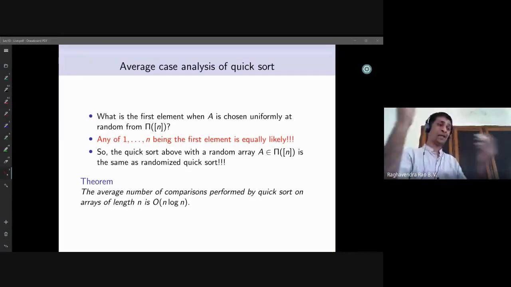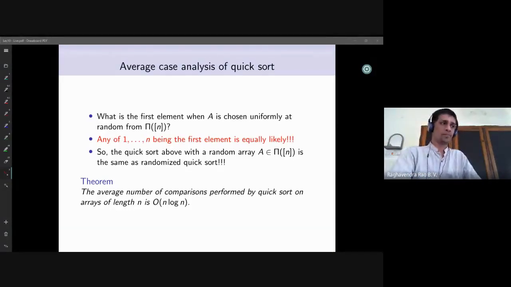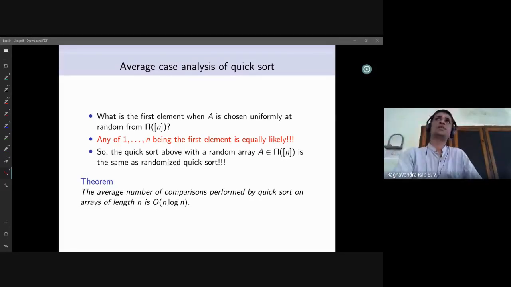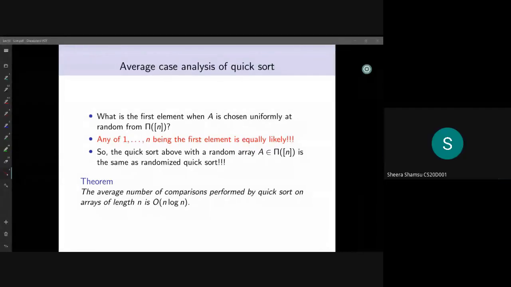Exactly. When I say fixed, it is deterministic. It's not that I just fix this array and analyze. When I say fixed, it is as bad as possible, but deterministic. So there is no distribution.